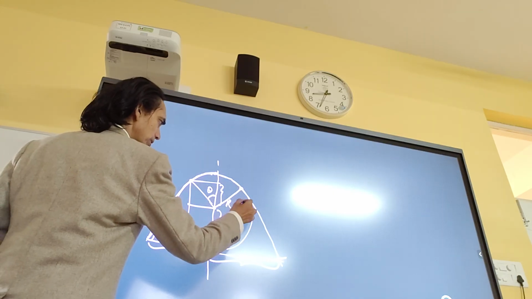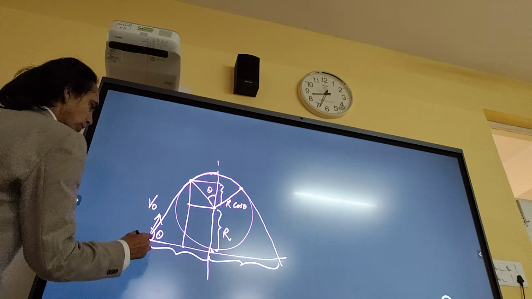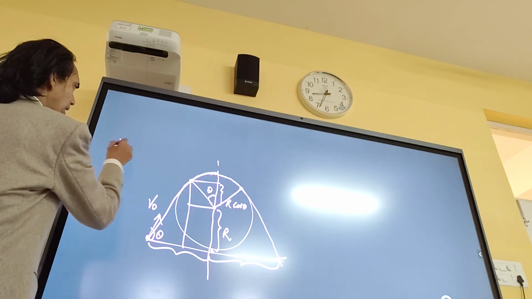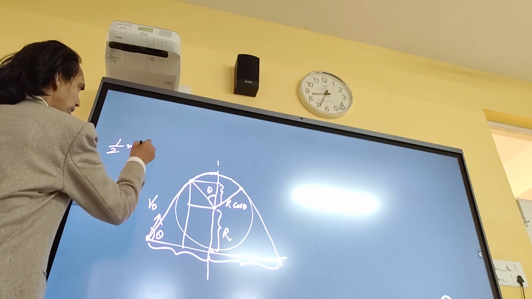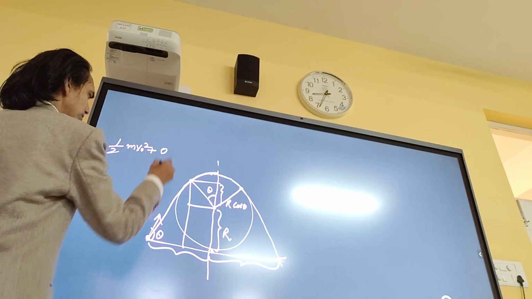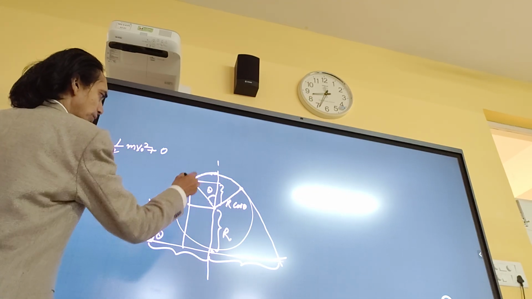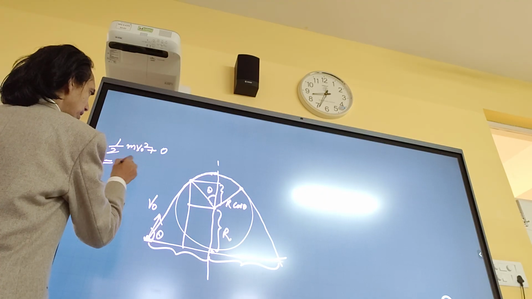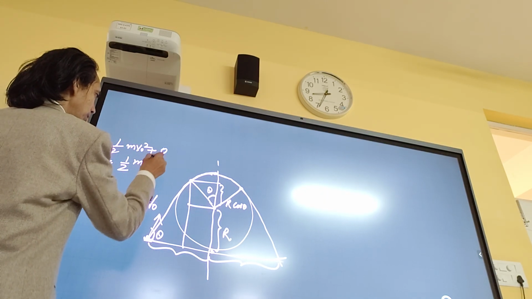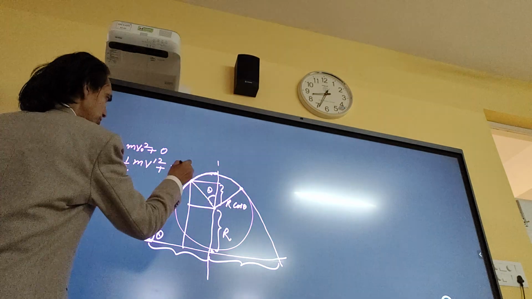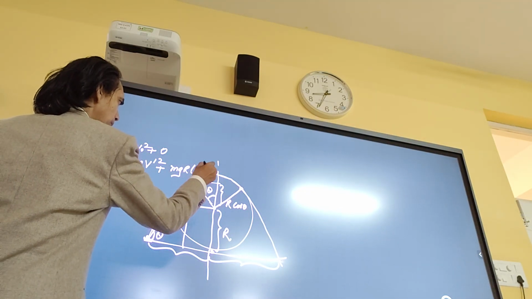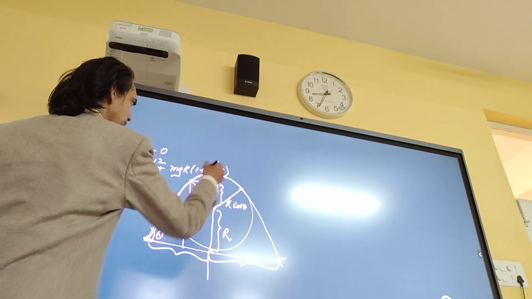What is kinetic energy over here? Half m v naught square. What is potential energy? Let's say 0, take this as zero potential. This should be equal to half m v prime square plus m g r into 1 plus cos theta. That's what we are getting.